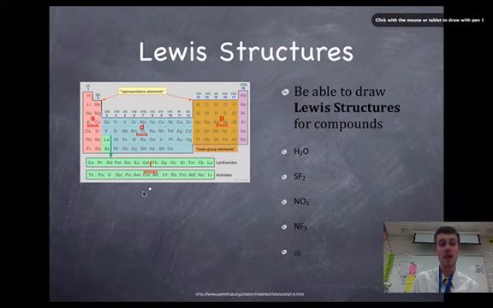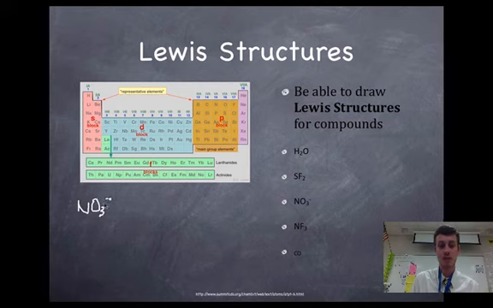So if we're doing it for NO3 minus, first I take my inventory. I have 1 nitrogen, and there are 5 valence electrons because it's in group 5, remember. And then oxygen, I have 3 of them, and it's in group 6A, so I multiply that by 6, so that's 18.